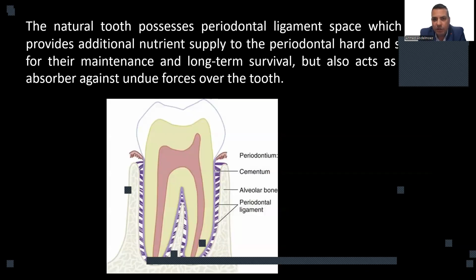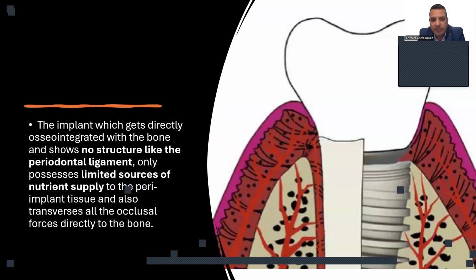The natural tooth possesses a periodontal ligament space, which not only provides additional nutrient supply to the periodontal hard and soft tissue for their maintenance and long-term survival, but also acts as a shock absorber against undue forces over the tooth, which is not the same situation with dental implants.